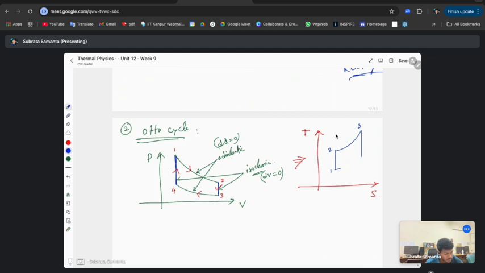So this is the isochoric process in the TS plane, 2 to 3.